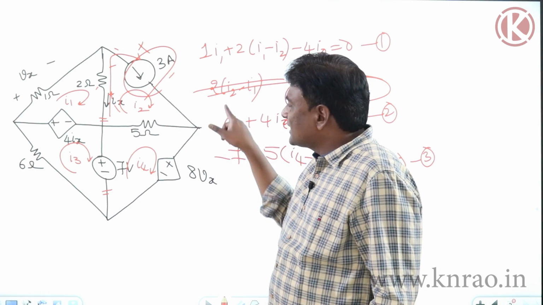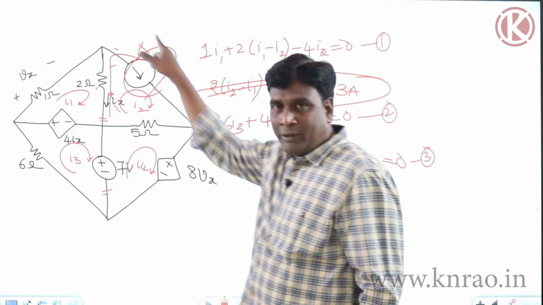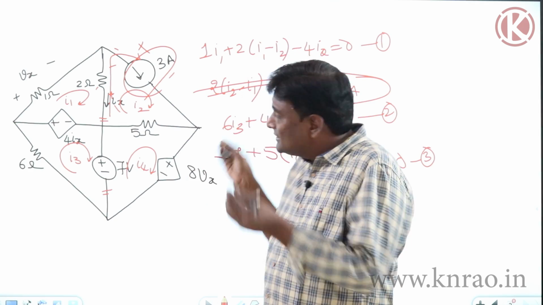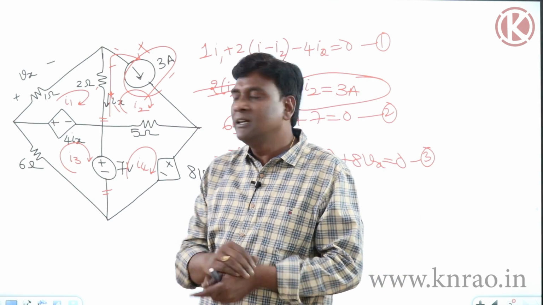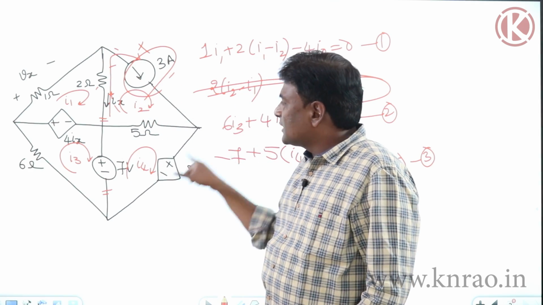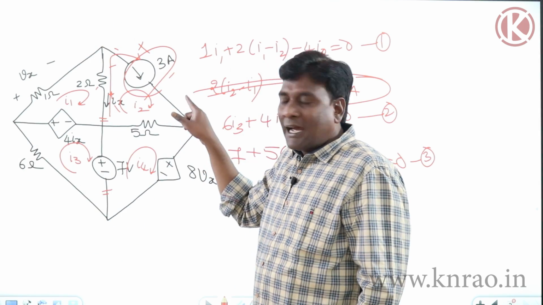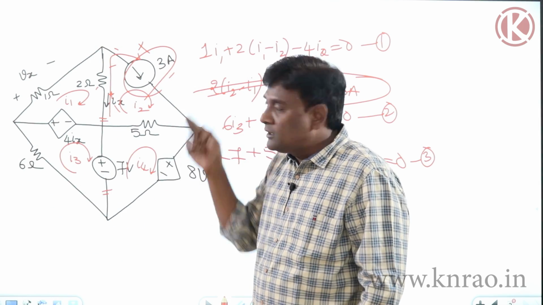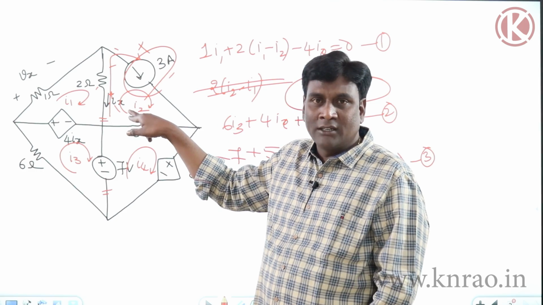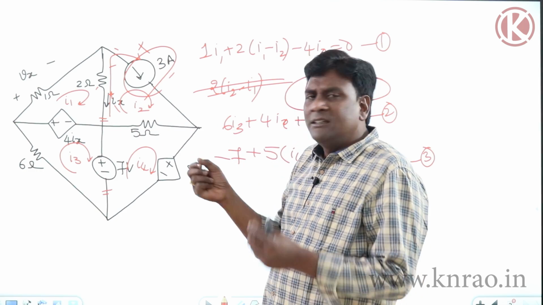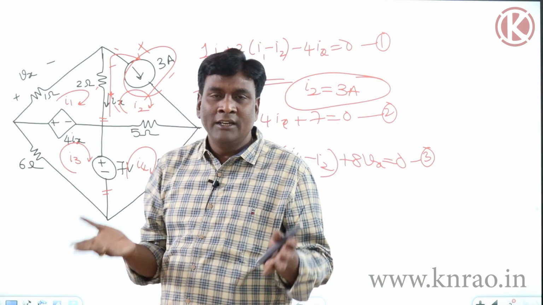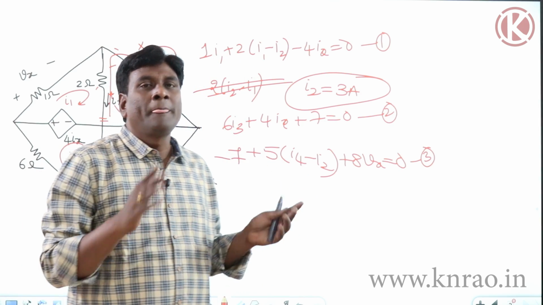When a current source is connected to the outermost loop, because the outermost is going to be the loop, and inside there are some closed paths, I need not apply KVL to the concerned mesh. That is going to be a direct relation, and the difficulty level is going to be reduced.